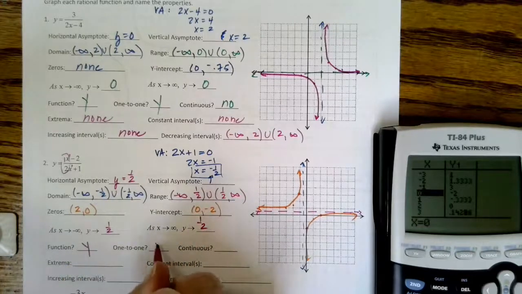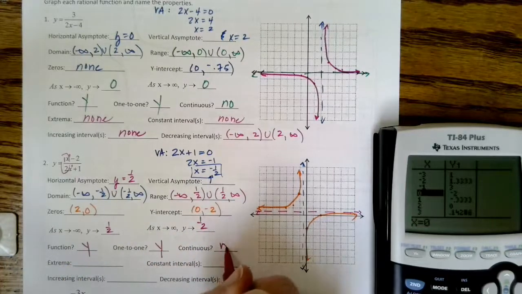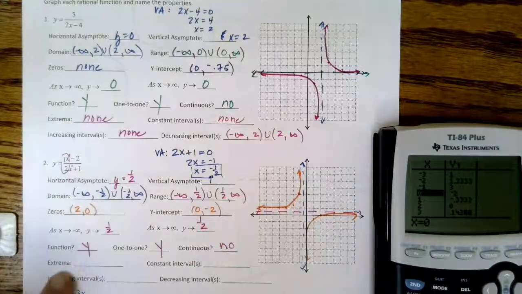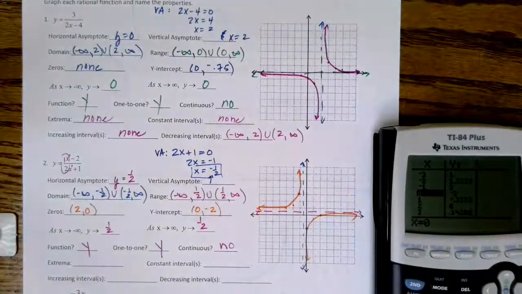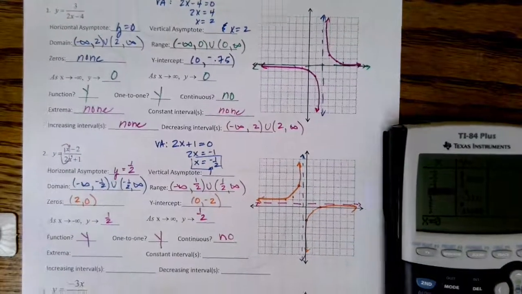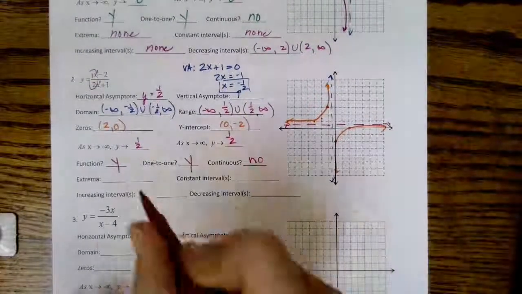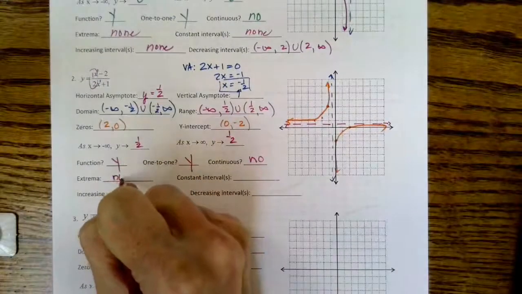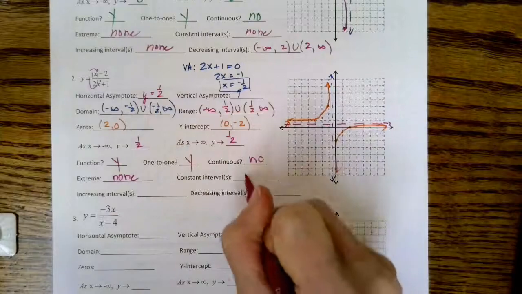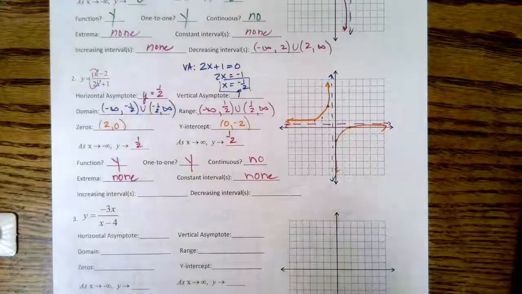Yes, it is a function. Yes, it's 1 to 1, but no, it's not continuous. When I'm talking about my extrema, there are no hills and valleys, so there are none. There's never a time when it's constant.